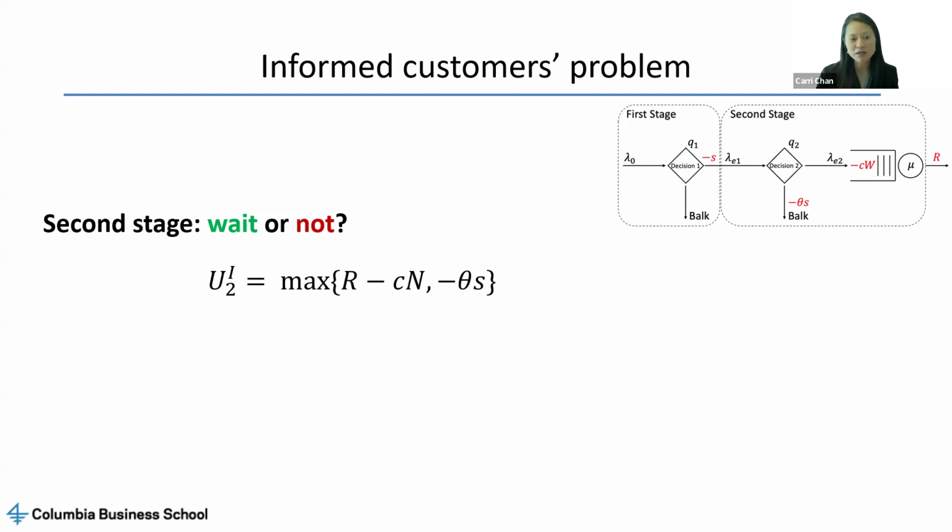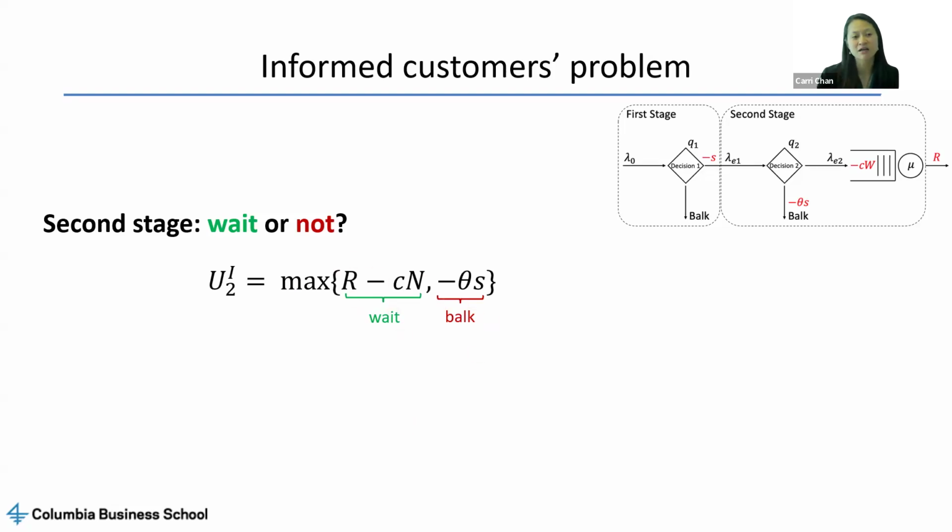Here the customer, if they don't wait, if they balk, is going to pay that sunk cost aversion cost, which is the minus theta times the sunk cost. And if they decide to wait, they're making this decision based on the actual realized number in system when they enter into the second stage.